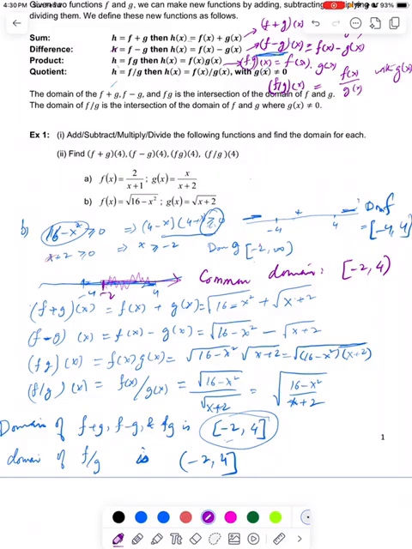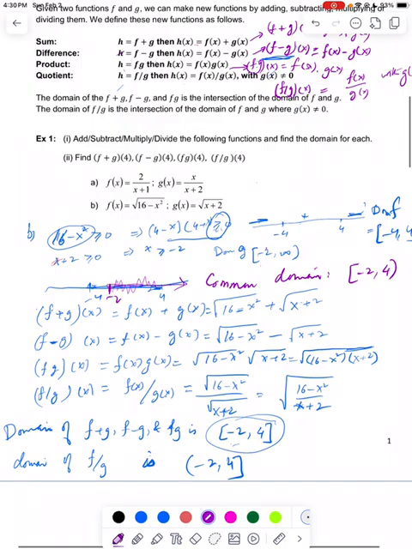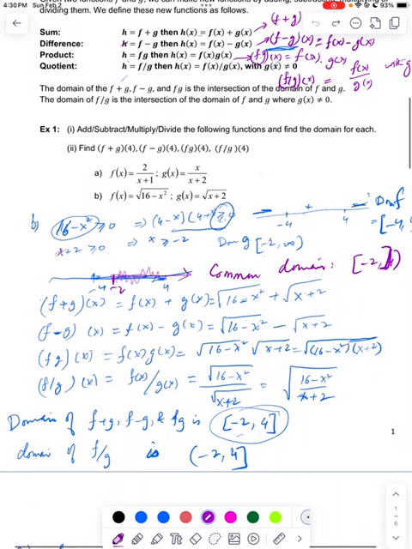Okay, so 4 can be included, sorry. Why? Because it's just that we don't want it to be negative, right? It can be 0, so it can take on the value 4. So -2, 4, that is the common domain.